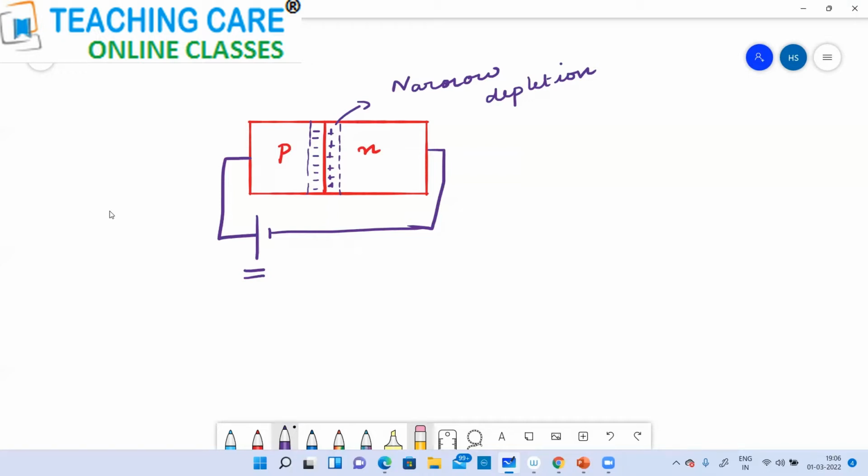Due to this, the potential drop across the junction decreases.